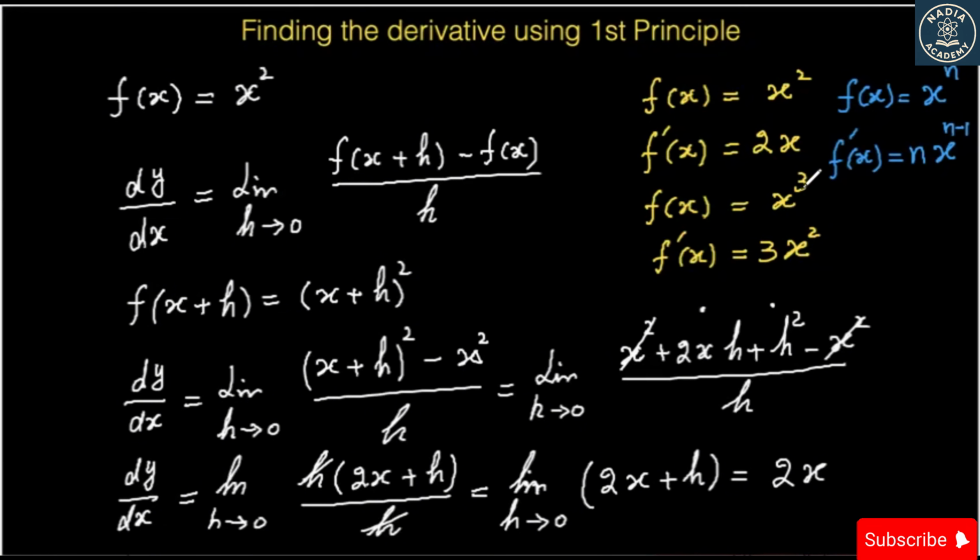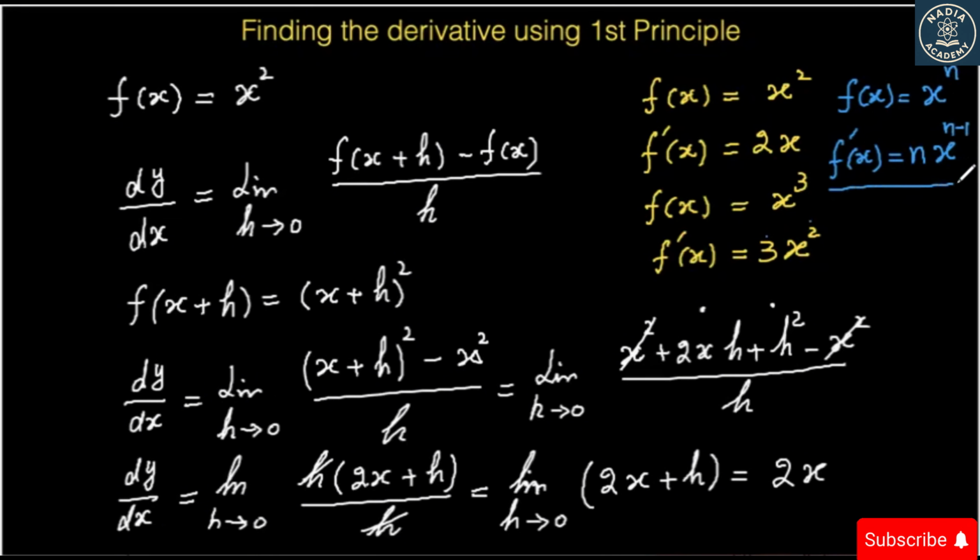As you see, we have x cube, 3 becomes the coefficient, and the power has reduced from 3 to 2. As in the general formula, if the power of x is n, n becomes the coefficient, and x loses its power by 1, becoming n minus 1.